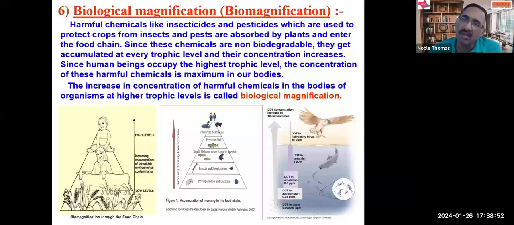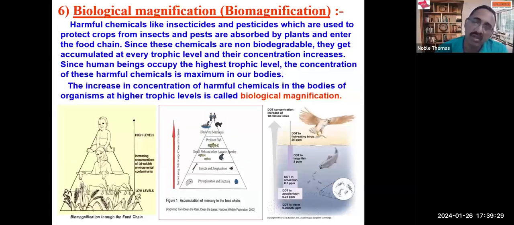So the total amount of poison in the body of the frog is now 10. Similarly, if there are snakes in the same place, let's imagine that snakes have started eating frogs, which were killed by consuming the poison-eaten insects. Let us imagine that one snake has eaten 10 such frogs.